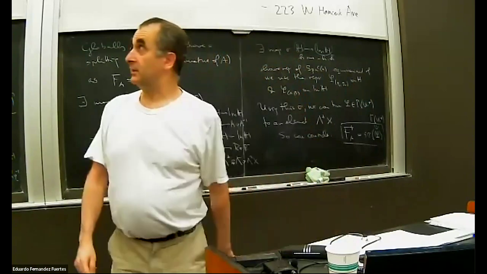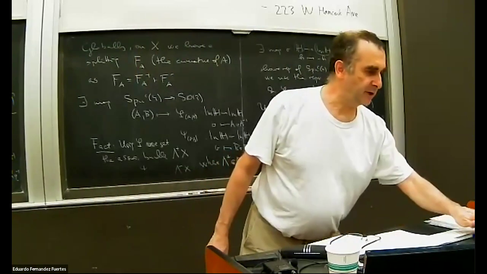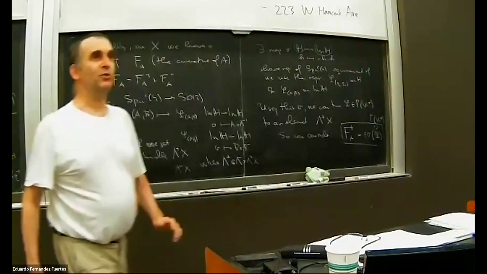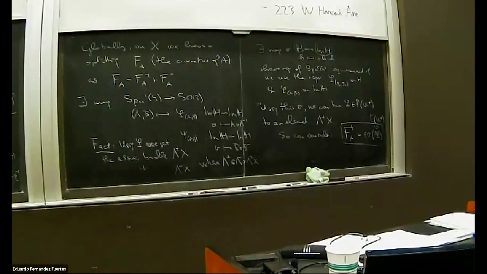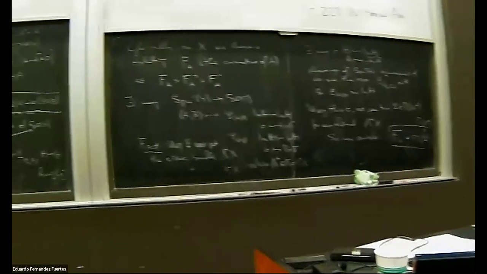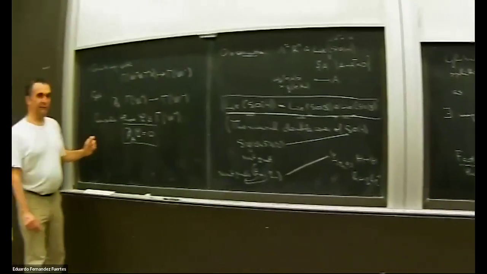So that was pretty fast. I'm not sure how useful that was, but nevertheless, the upshot is that we start with a four-manifold, we pick a metric on it, and we have to fix a spin C structure. Once we have done this, we have two equations.